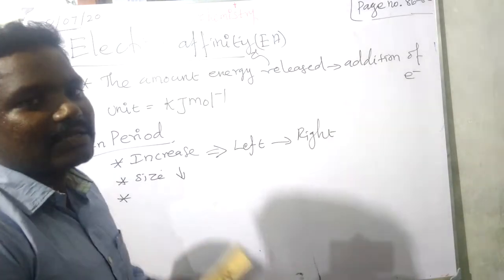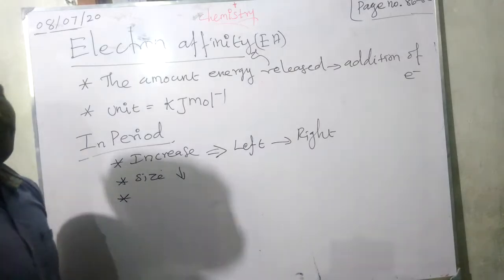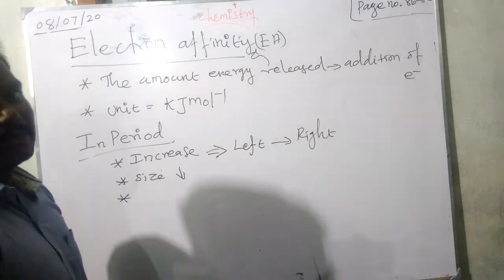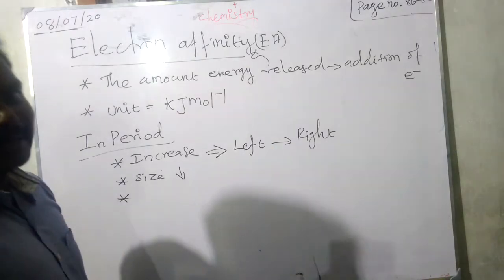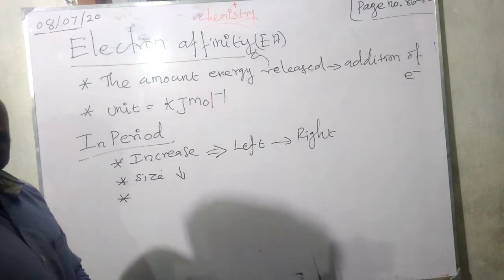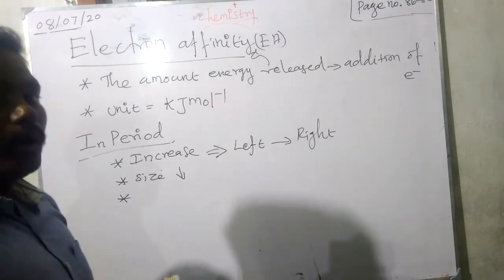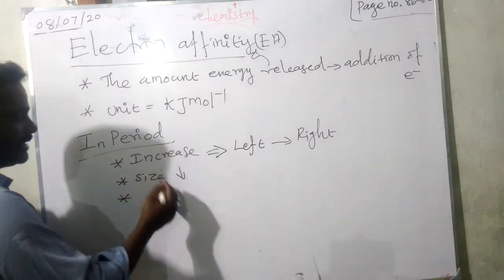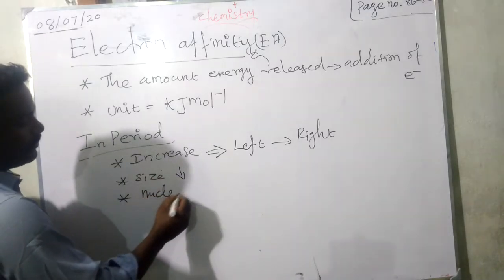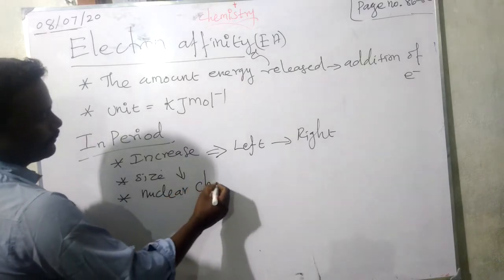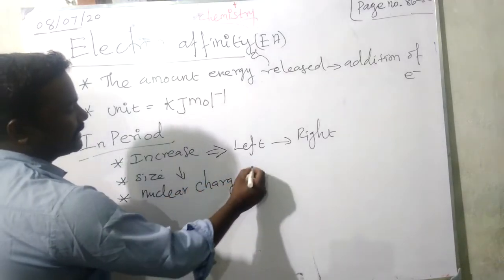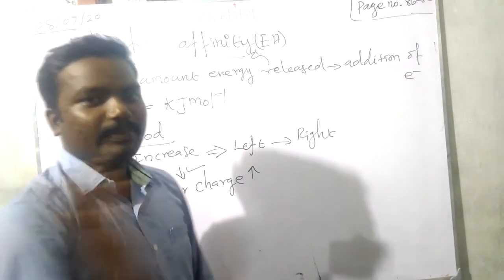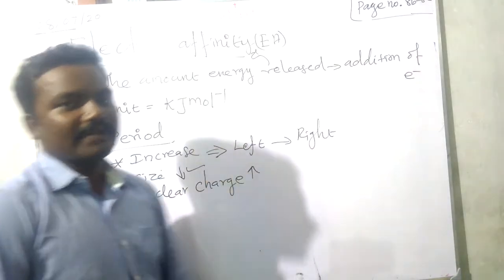Because of the smaller size, the nuclear charge acts more forcefully, so the excess nuclear charge can attract the newly added electron more effectively compared with a larger size. So the nuclear charge increases as well as the size decreases. Due to these two reasons, period wise electron affinity increases.